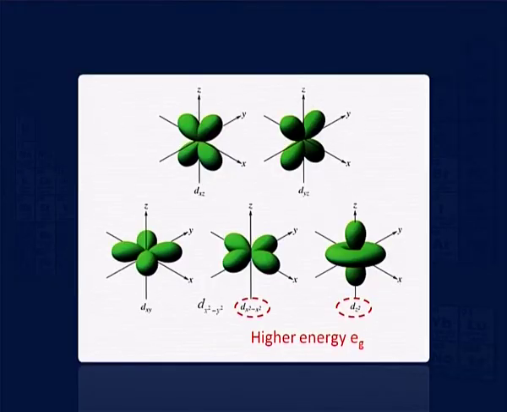As you are aware, there are 5 d orbitals having lobes lying either on the axis or in between the axis. We have d x square minus y square and d z square, and we also have d x y, d y z and d z x orbitals.